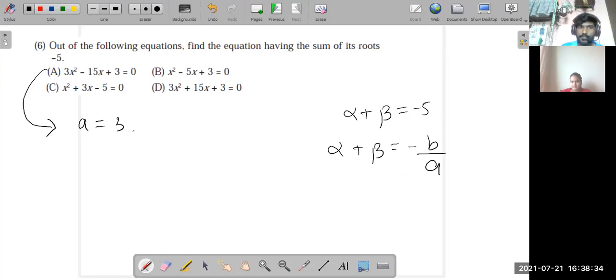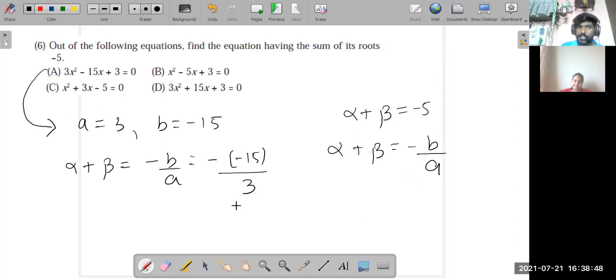A is 3, B is minus 15. Just directly go to minus b upon a. So minus 15 upon 3, which is plus 5. This is plus 5, so A is not the option. Then the correct option is D. D, yes, correct, D.